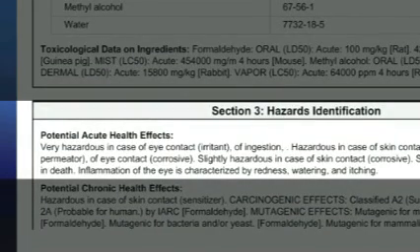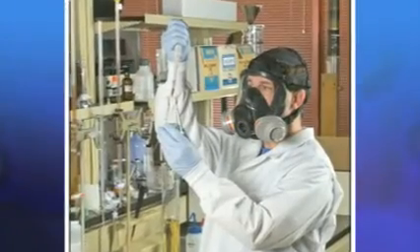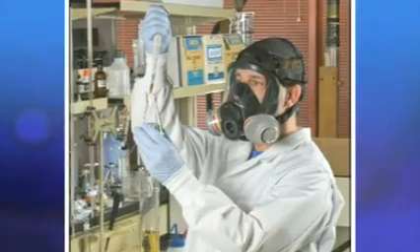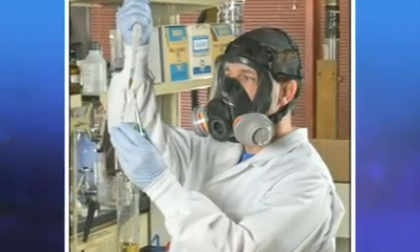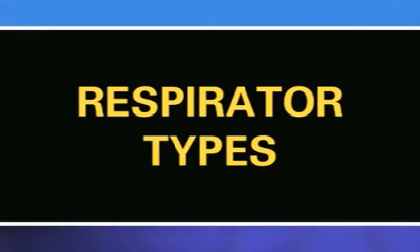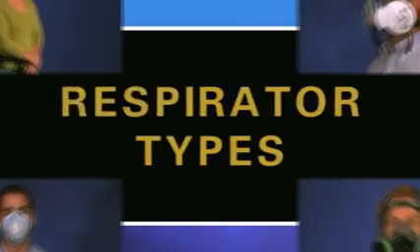Do you need splash and spray protection as well as eye protection? If so, a full face-piece respirator or some type of eye protection will be needed. There are advantages and disadvantages to each type of respirator, so it's important that your employer select the type that's best suited for your work setting and the hazards you face.